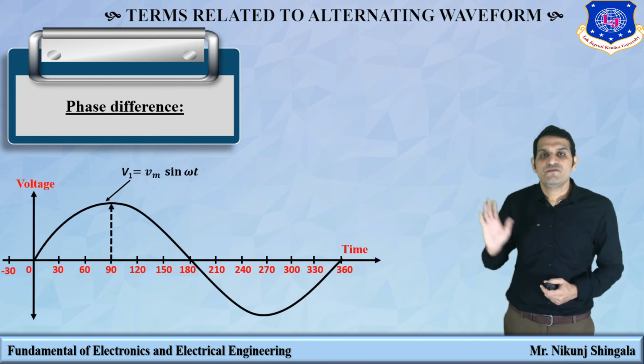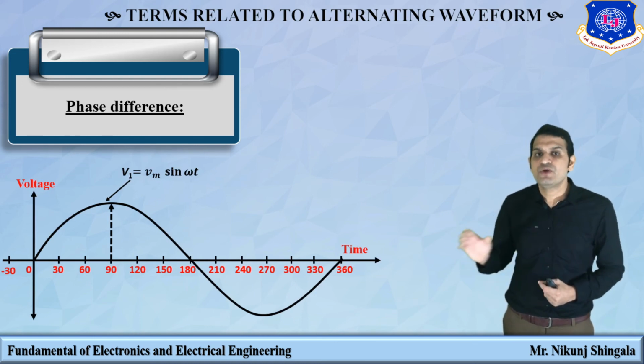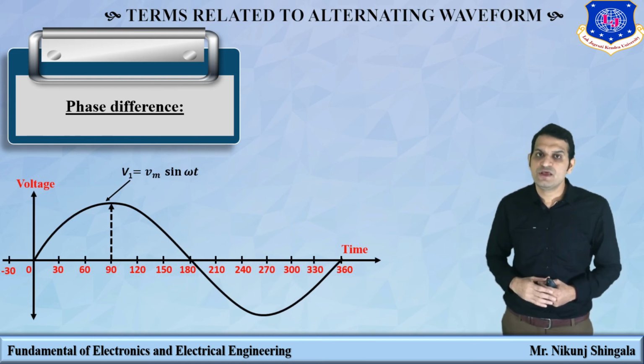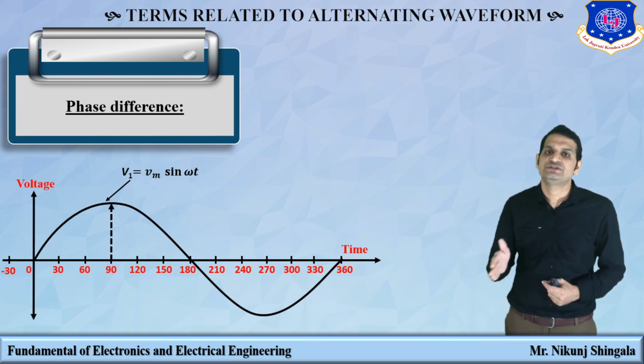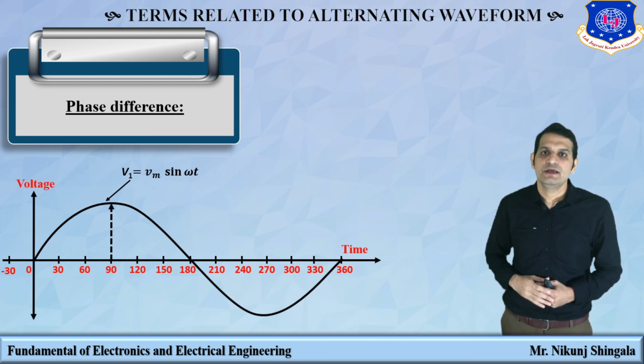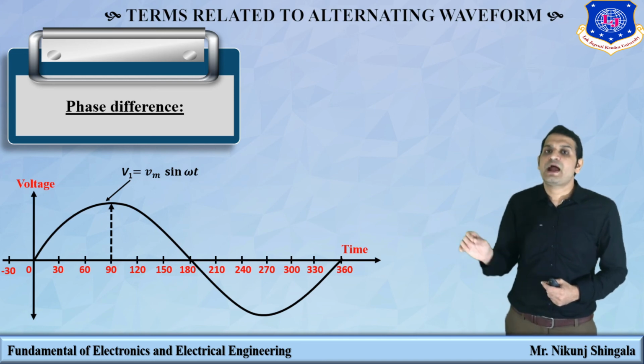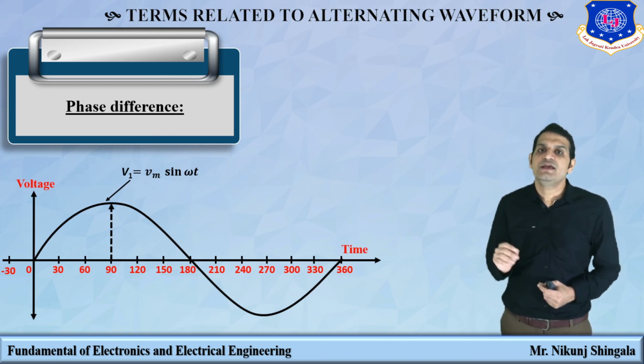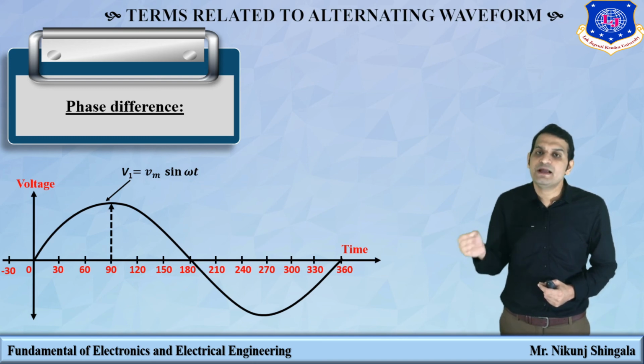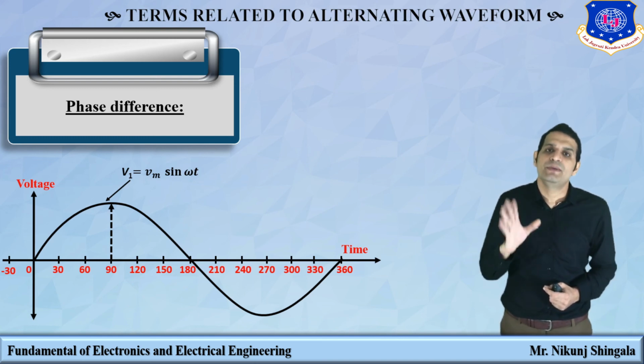Now this is the first waveform, V1. You can see it is spread over 0 to 360 degrees, and I have taken the instants at 30, 60, 90 and so on up to 360 degrees. Now this voltage is starting at the origin, so it can be represented mathematically by Vm sin omega t.